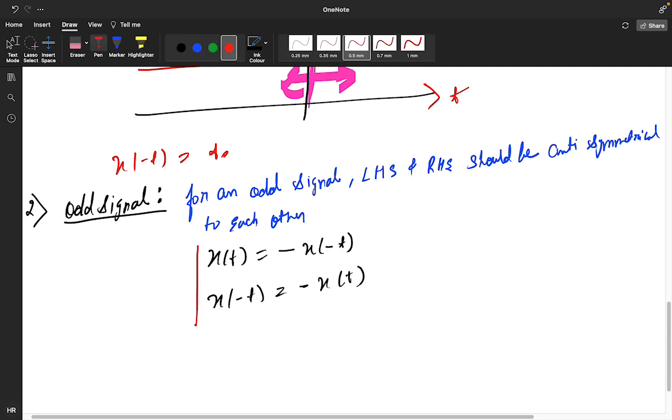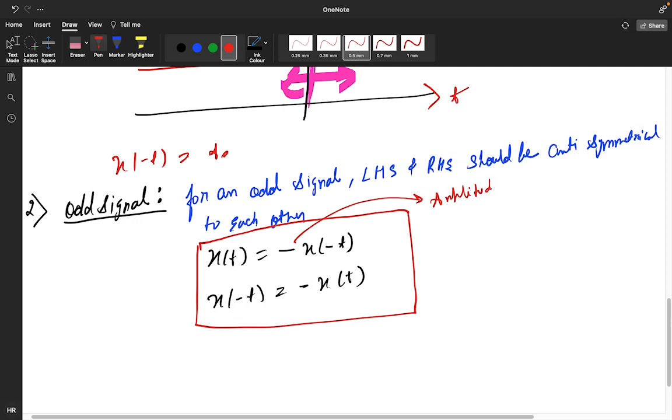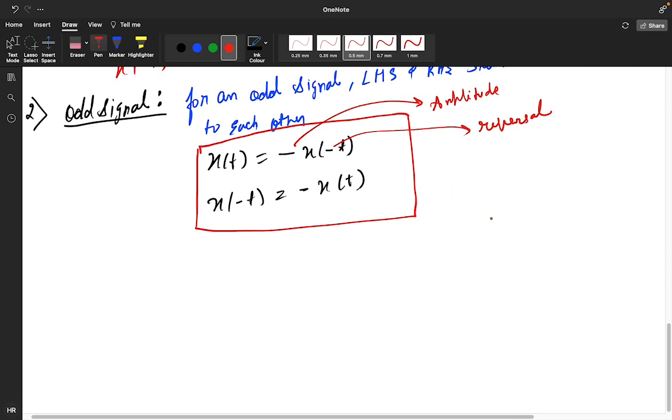What is the meaning? I will tell you. This is the amplitude part, and this we are doing reversal.